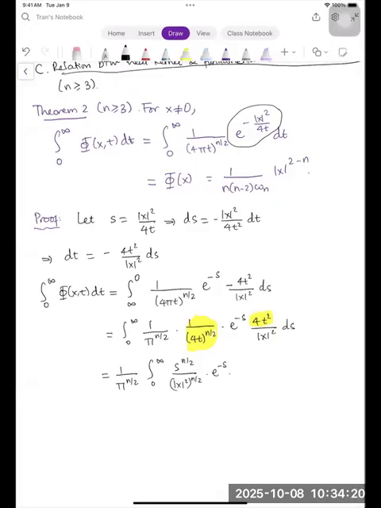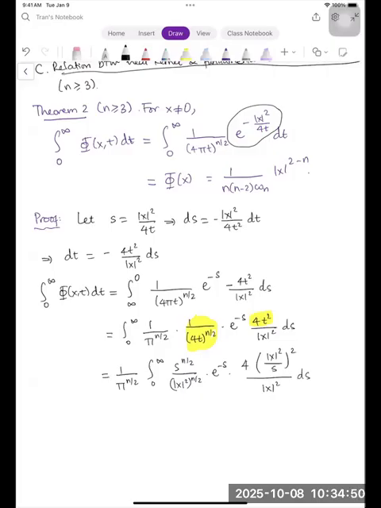I still need to write down 4t squared in terms of s and x. So I have t squared is x squared over s squared times x squared ds. Sorry about this mess.